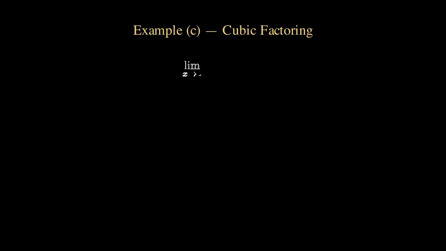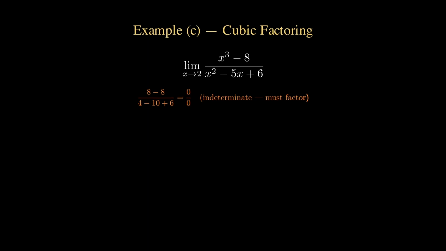Example C. The limit as x approaches 2 of x cubed minus 8 over x squared minus 5x plus 6. Substituting x equals 2 gives 0 over 0. Indeterminate. The numerator x cubed minus 8 is a difference of cubes. It factors as x minus 2 times x squared plus 2x plus 4.